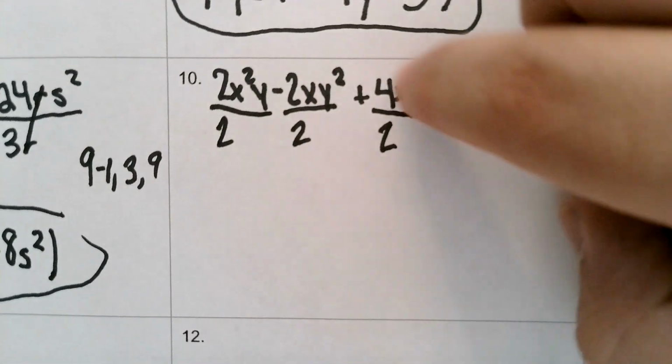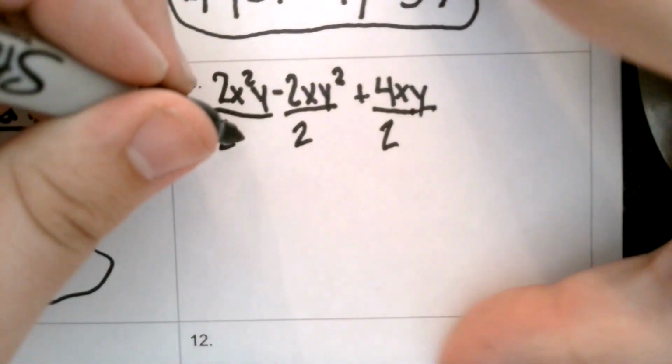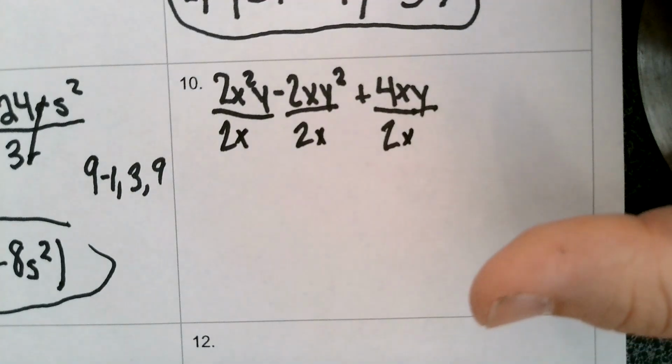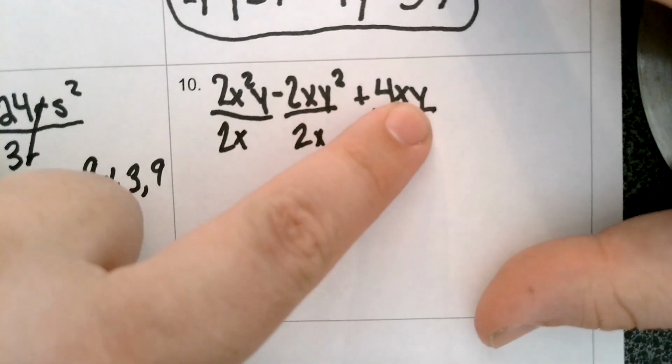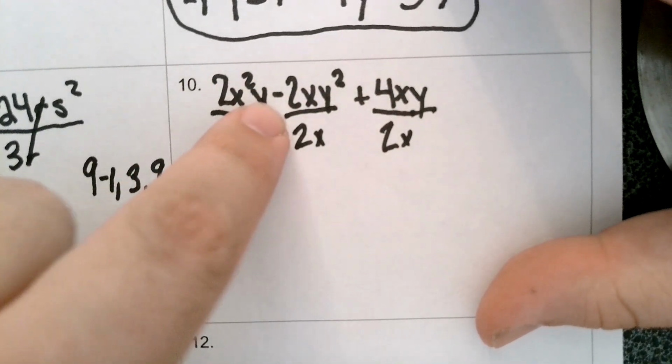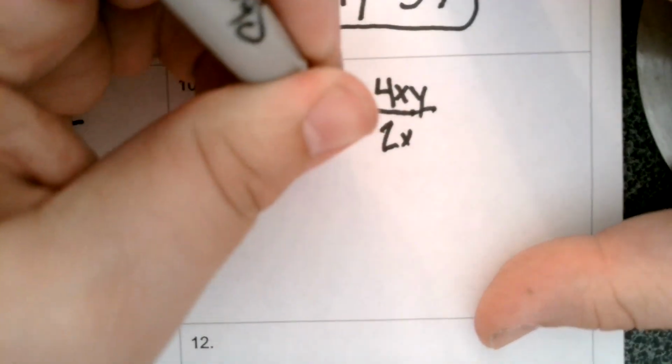So we can pull out x. We have x^2, x^1, x^1. Smallest is x^1. So we're going to pull out a single x. Does everything have y? y, y^2, y. So y^1, y^2, y^1. Smallest one is y^1. So we'll pull it out.